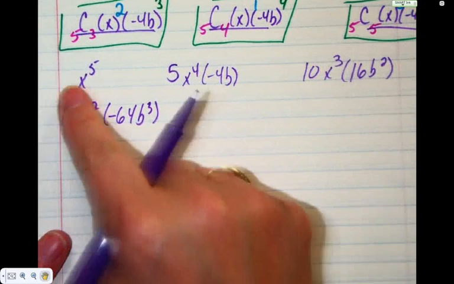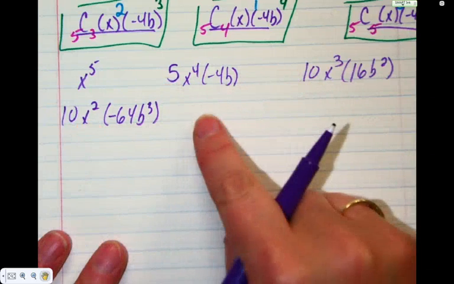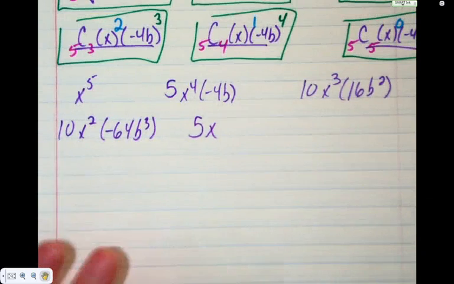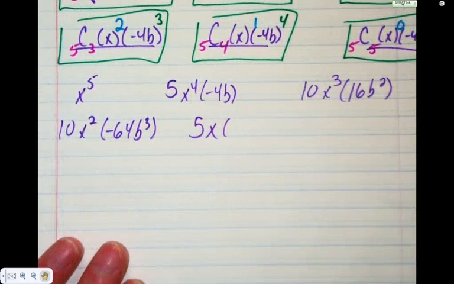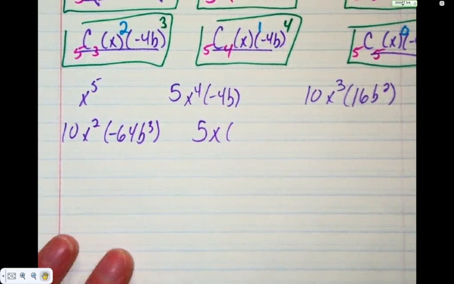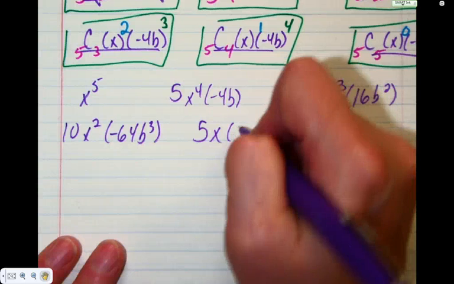Again, coefficients went 1, 5, 10, 10, 5. x to the 1, which will be x. And negative 4 times negative 4 times negative 4 times negative 4, which you would be able to use your calculator, or you can just do 64 times 4 and then steal my thunder.